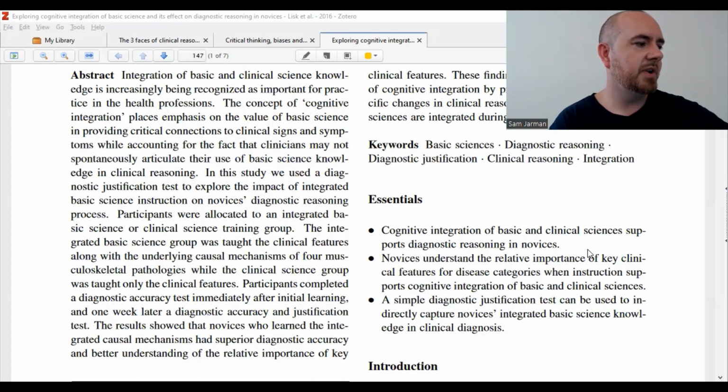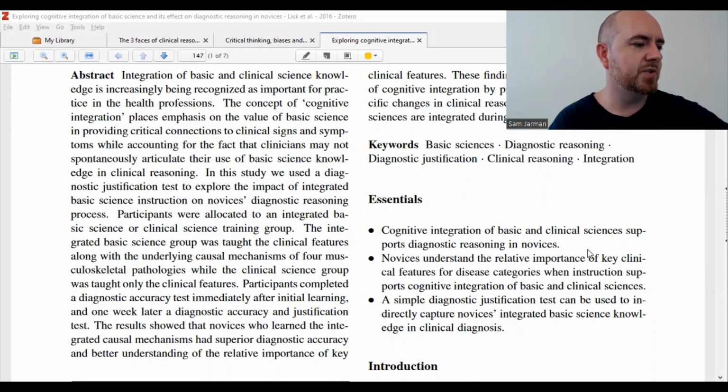Participants were allocated to an integrated basic science or clinical science training group. The integrated basic science group was taught the clinical features along with the underlying causal mechanisms of 4 musculoskeletal pathologies, while the clinical science group was taught only the clinical features. Participants completed a diagnostic accuracy test immediately after initial learning, and 1 week later, a diagnostic accuracy and justification test.